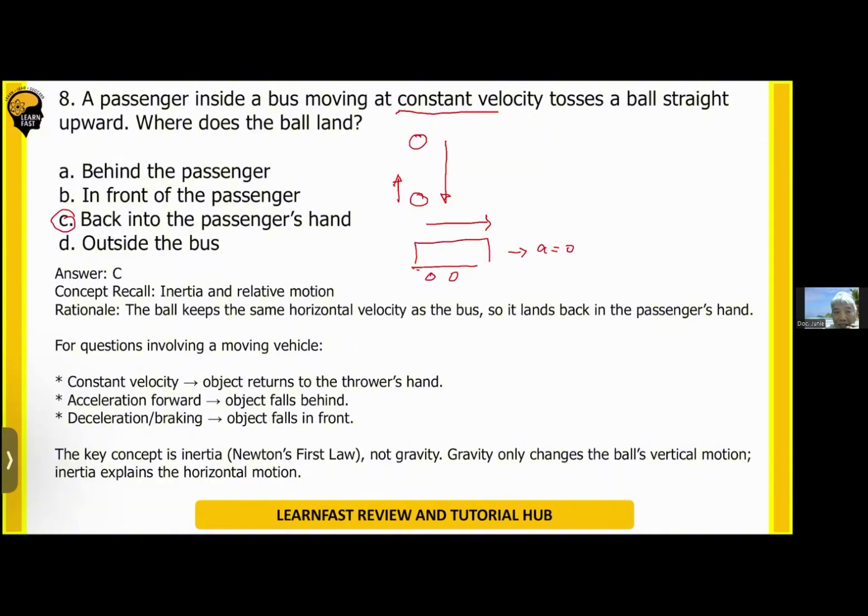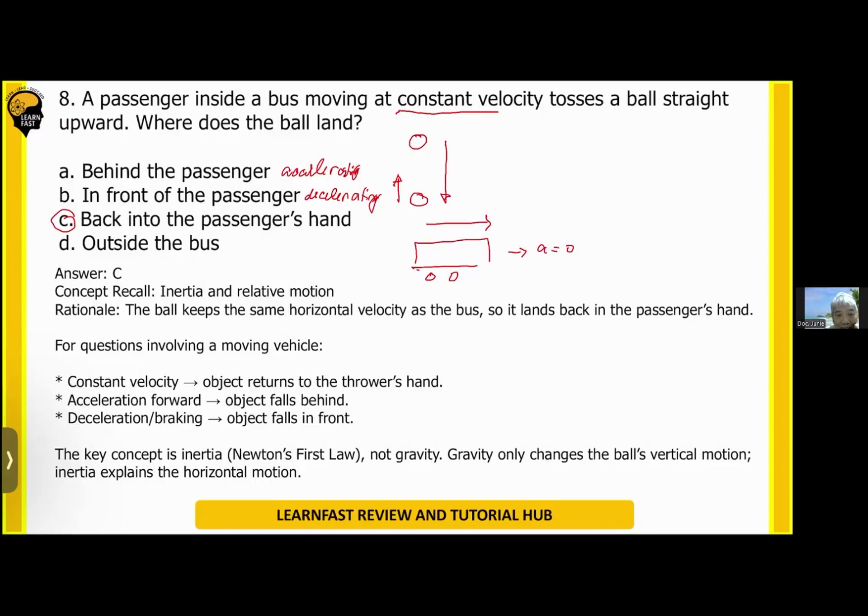So in that case, the ball will land in front of the passenger. So letter A is the answer if the bus is accelerating. Letter B is the answer if the bus is decelerating. Nag-apply ng brake yung driver. Kaya yung bola maglaland in front of the passenger.